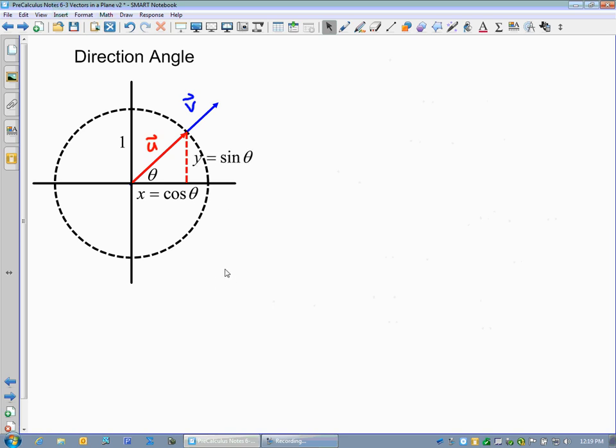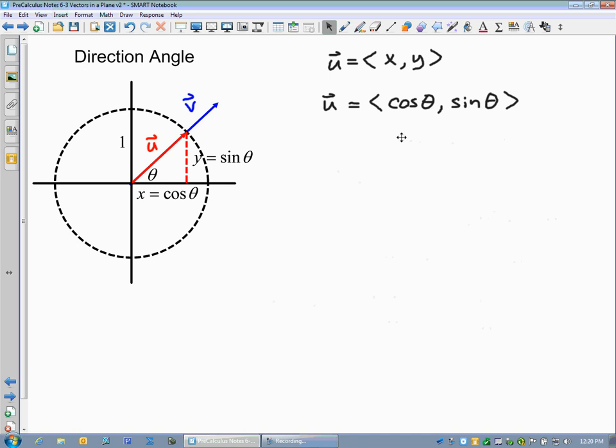So now let's create some notations. I'm going to try to write u and v in multiple ways and then do some substitutions. One way I could write u is I can say u is x and y. But since we already discovered that x is cosine, y is sine, then I can say vector u is really cosine of theta, sine of theta.